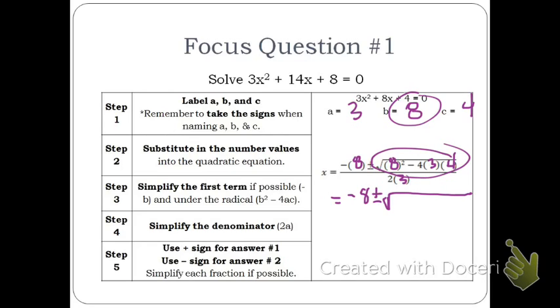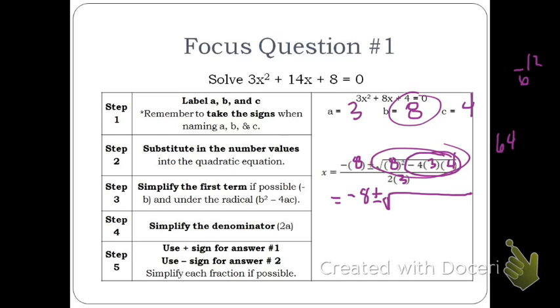Remember when you did the order of operations, you had to solve the exponent first. That's 14 squared, not 14 times 2. Then do your multiplication.